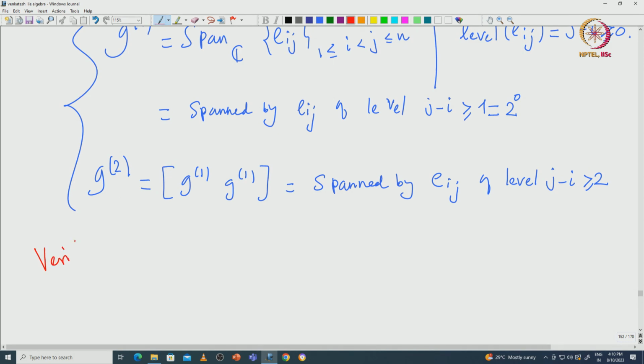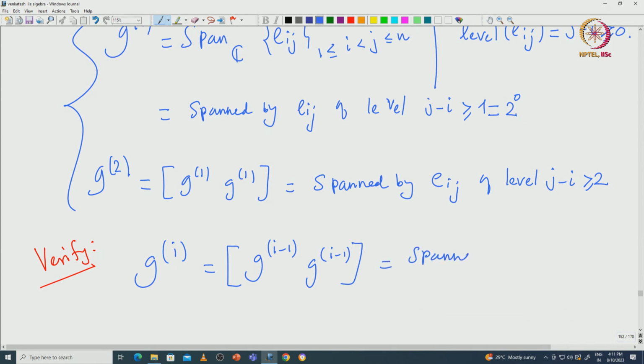You verify that if you take this G I, which is by definition inductively defined as G I minus 1 and then G I minus 1 bracket, which is the derived algebra of G power bracket I minus 1, which is spanned by E I j of level at least 2 power I minus 1.